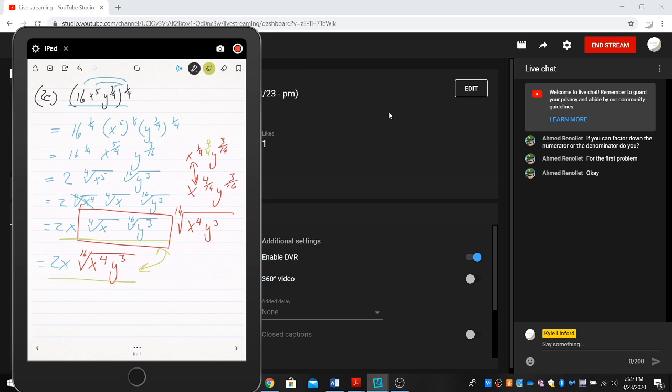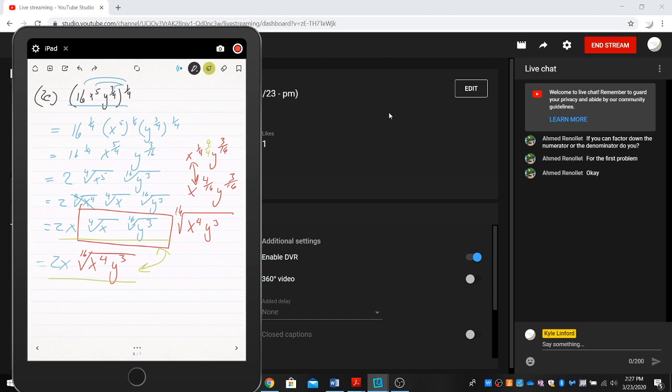Again, exact same things. If we split these up into the 16th root of x to the 4th and the 16th root of y to the 3rd, you get these back, okay? We're just using our properties to combine things together to get it a little more simplified for us, okay?